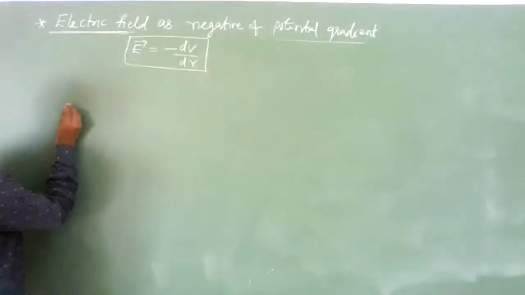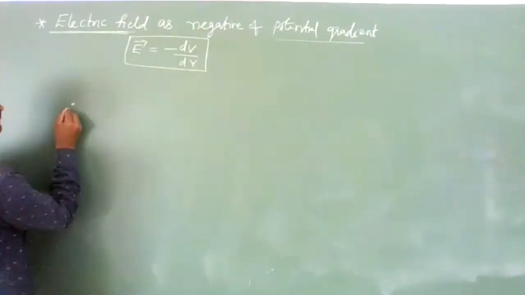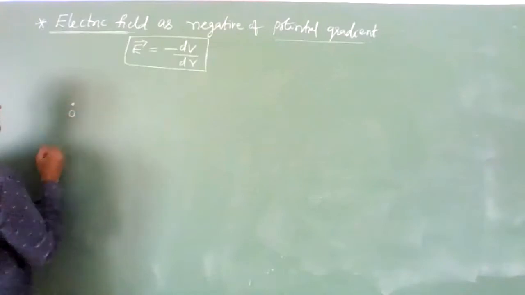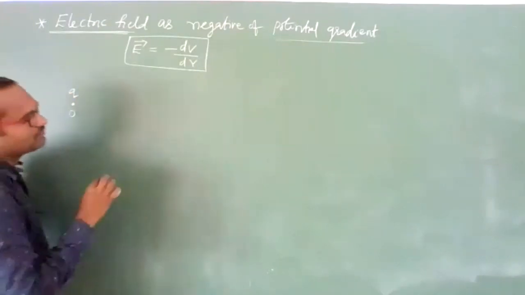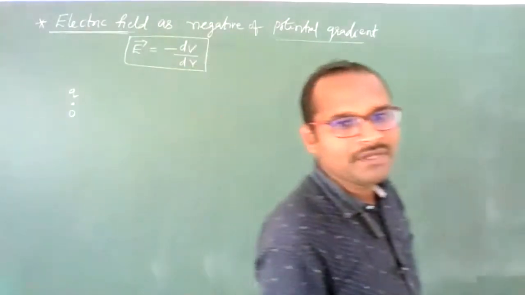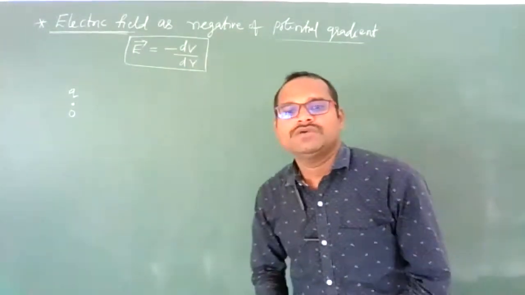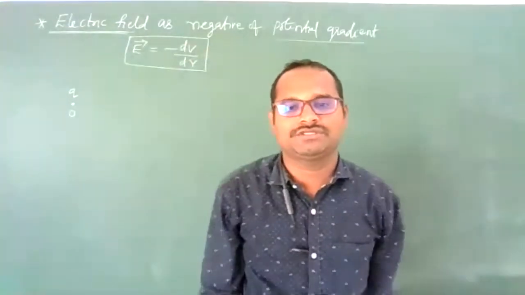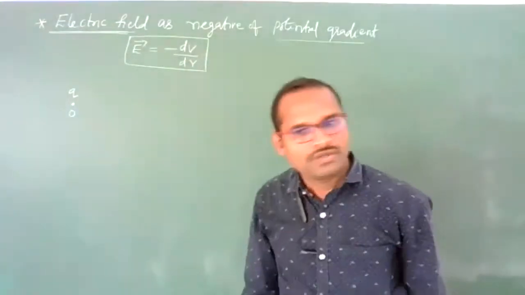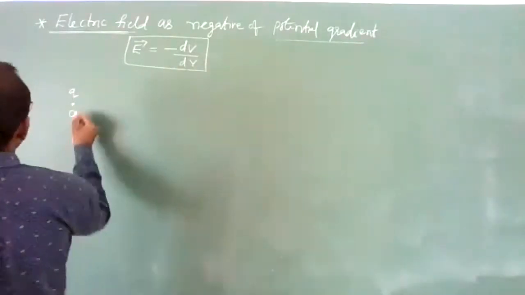Students, let us suppose here origin is there, and at this origin, let us suppose a charge Q is present. This charge Q will produce its own electric field in all directions, spherically. Let us take one particular direction.